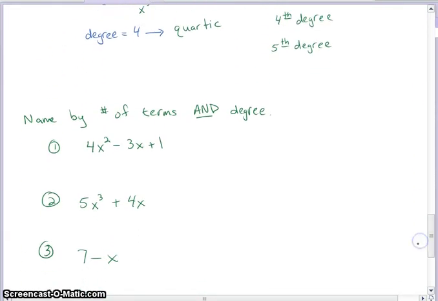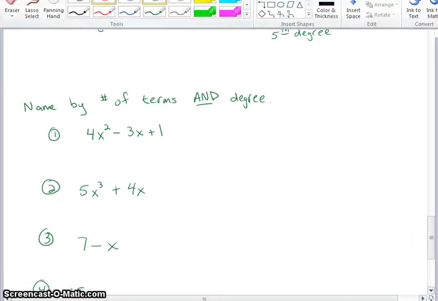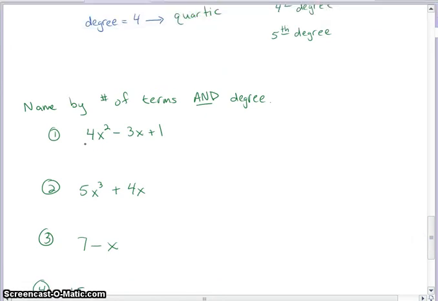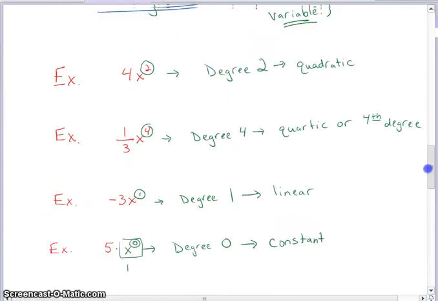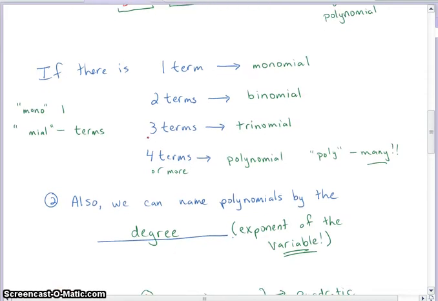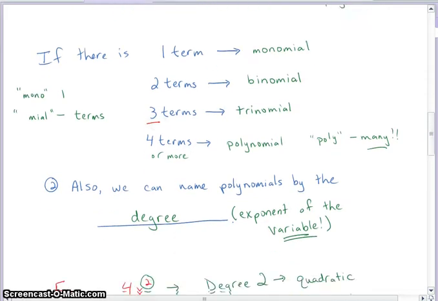So then I can look at naming by the number of terms and by the degree. So let's first look at the number of terms. There's 1, 2, 3. So I can slide back up to my number of terms, and there's 3 terms, so that's a trinomial.